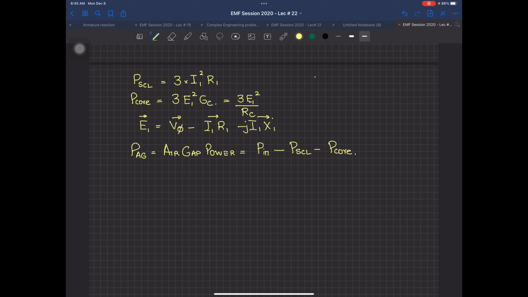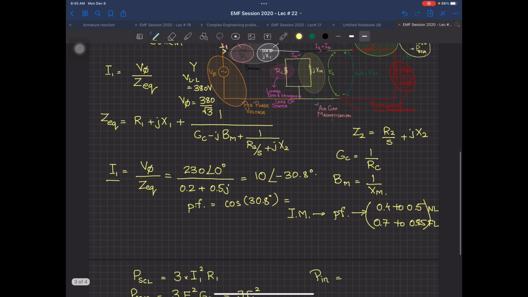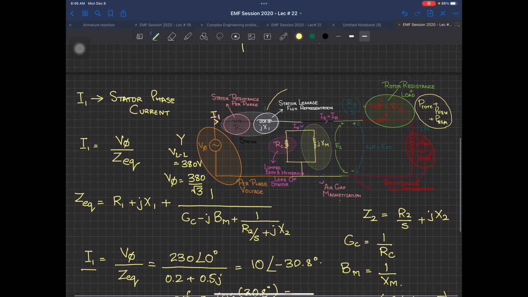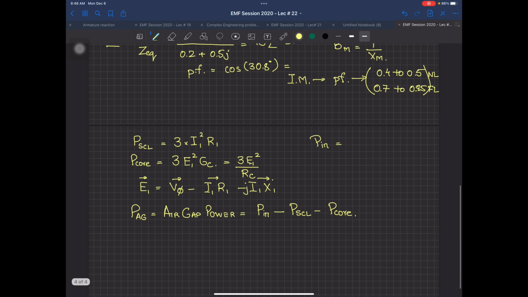And for input power, what will input power be equal to? We have done this in lecture number 18 or 19 I guess. So tell me, how will we find the input power? This will be for one phase. What about 3 phases? You have to multiply, but also the power factor. Remember, you have to calculate the total power.